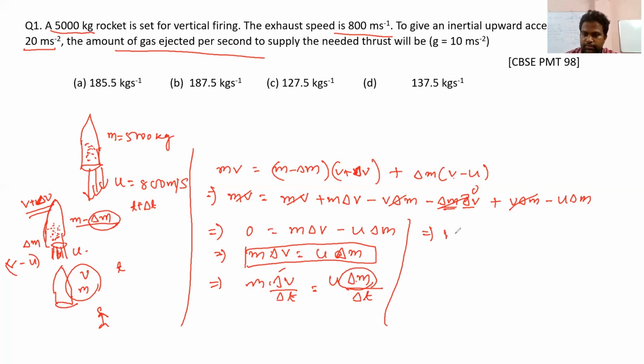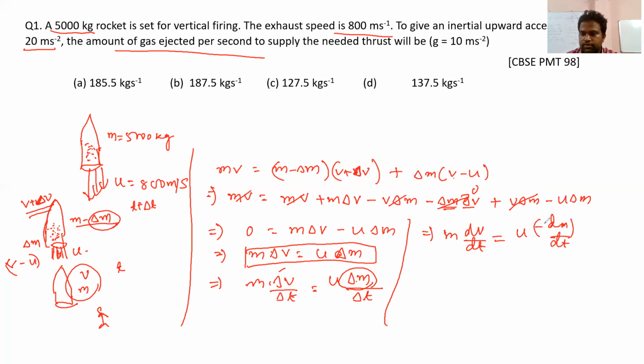So you can write m dv by dt if the change is happening very minutely or constantly. We can differentiate and write in terms of dv by dt, and this is u minus dm by dt.